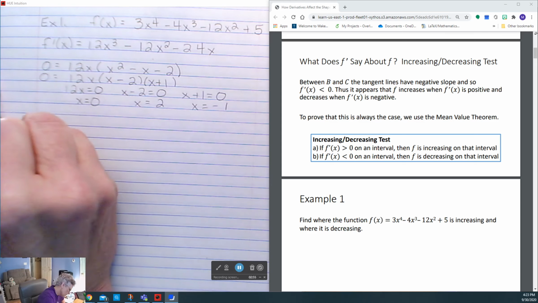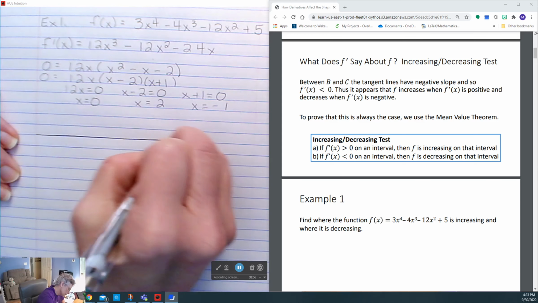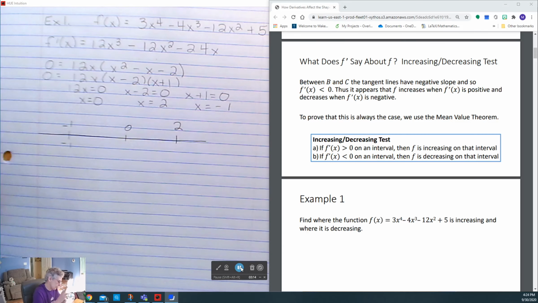So I'm going to draw myself a little number line. They don't have to be spaced out properly, they just have to be in the right order. So I'll put negative 1, so I want to write it on top, 0, and 2.